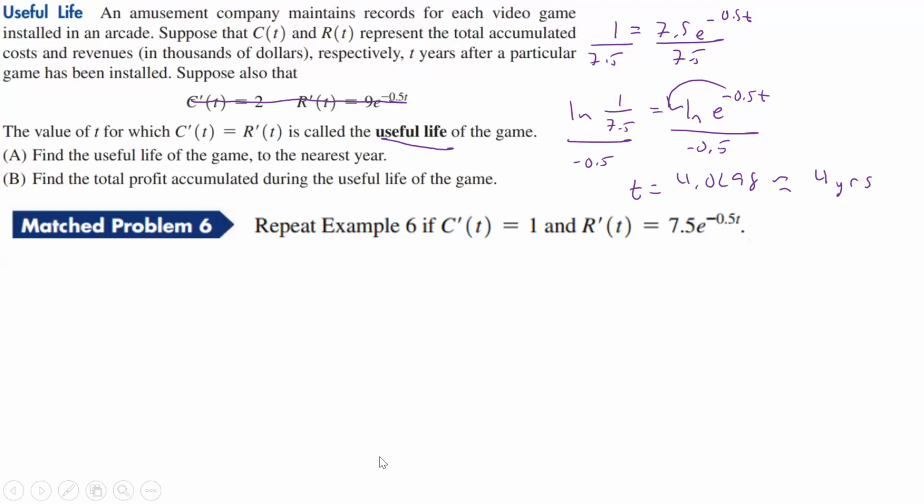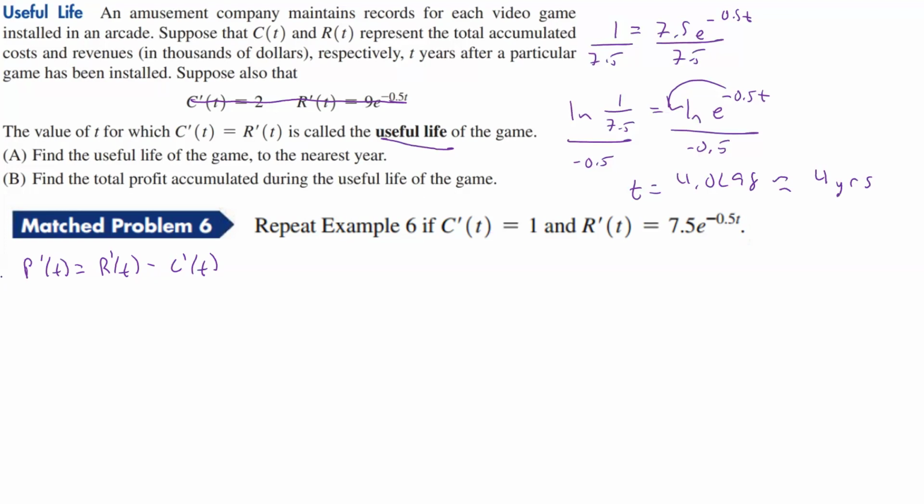Then the next piece is to find the total profit accumulated during the useful life of the game. We have to remember what profit is: P prime of t is equal to R prime of t minus C prime of t. I'm only writing it as the primes because that's what we have.